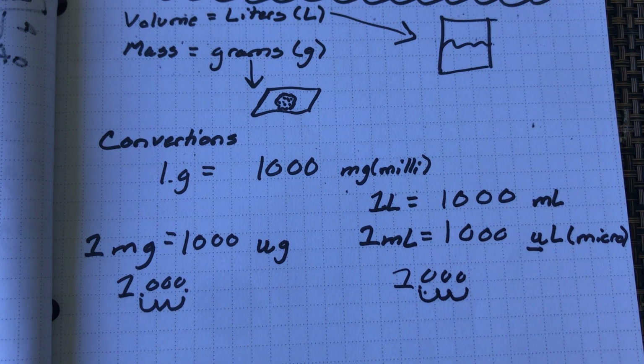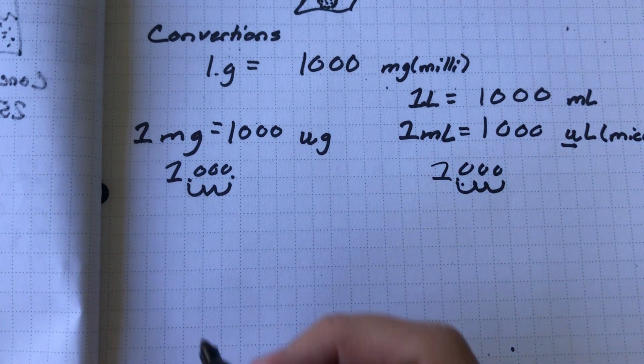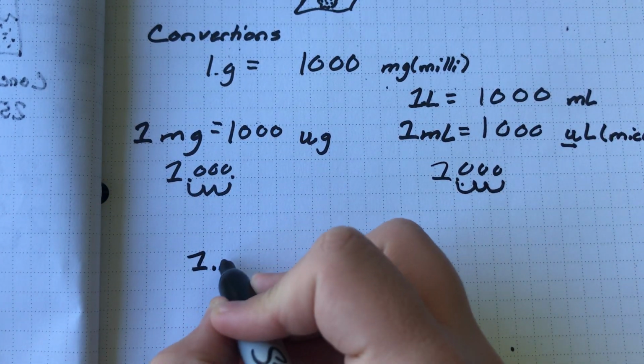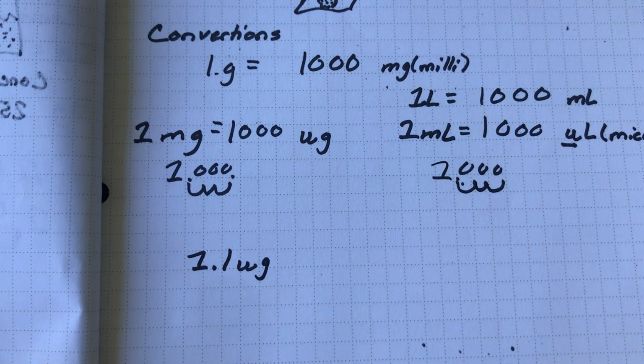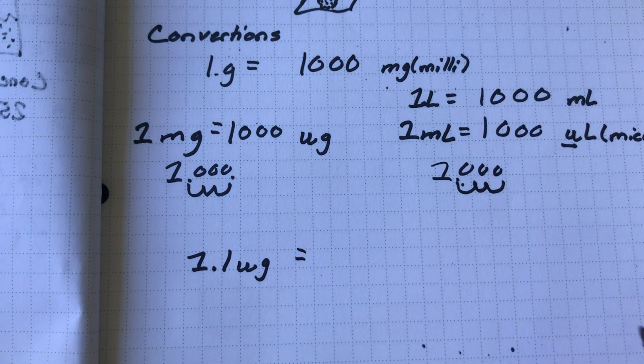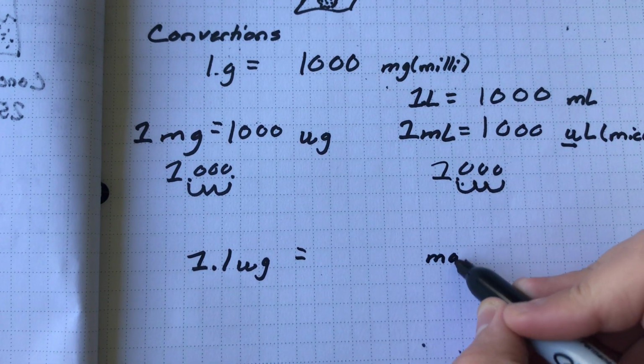We're going to do the exact same thing, but from the other side. For an example, we'll take 1.1 microgram, and we're going to try to find how many milligrams are in it first.